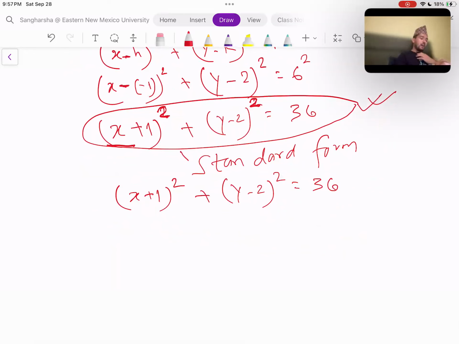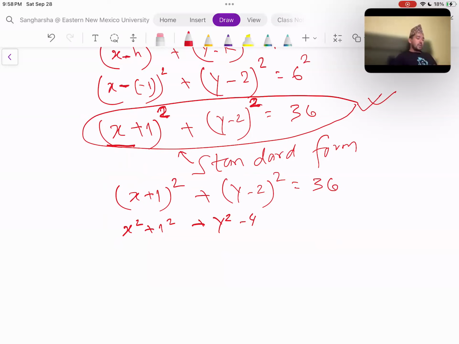Now, what is (x plus 1) squared? Do you all agree that (x plus 1) squared is x squared plus 1 squared, and our (y minus 2) squared is y squared minus 2 squared, which is 4? How many of you agree here? Did I do it correctly?